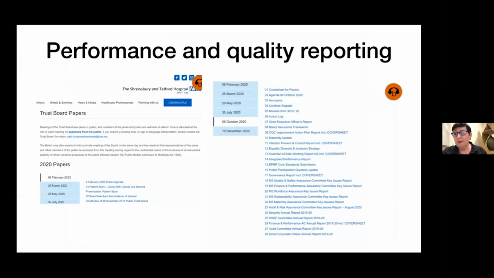The trust board papers for NHS trusts across England, Scotland and Wales are required to be publicly available. And this is just a snapshot from a random one that I picked, which was Shrewsbury and Telford's. And you'll see that they've got a series of reports that you can all click on and see. So those are other examples of performance and quality reports that you might care to look at.